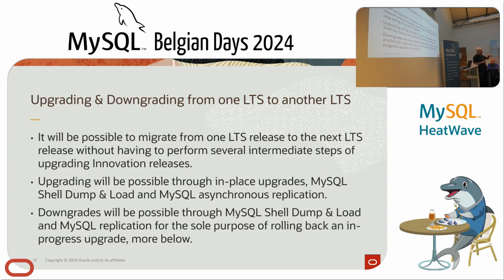But you can't jump over the next LTS into, for example, an innovation release after that. So you need to go through all the LTSs over the years. But we don't see that as a big restriction, and the frequency is every second year, and perhaps people upgrade much less. So I don't know. Yeah.